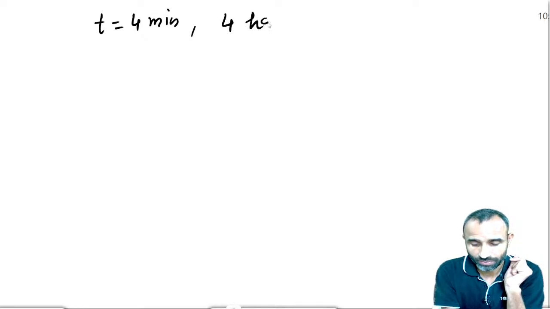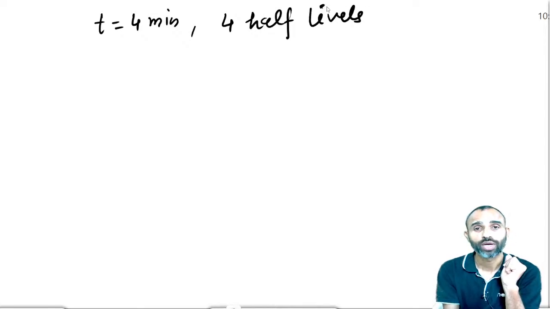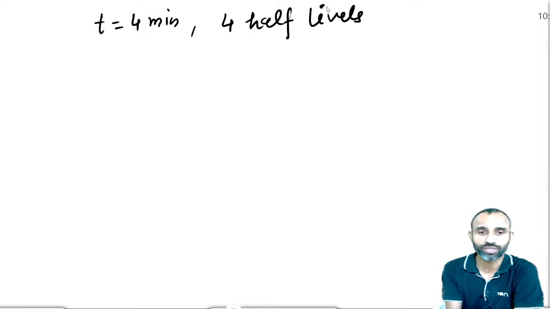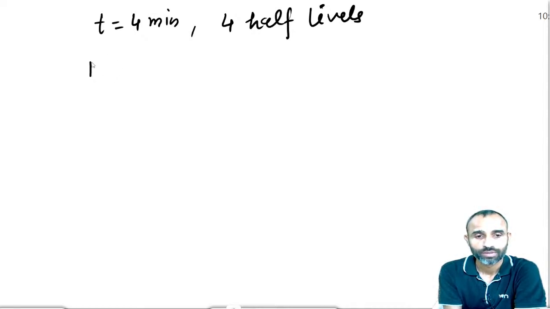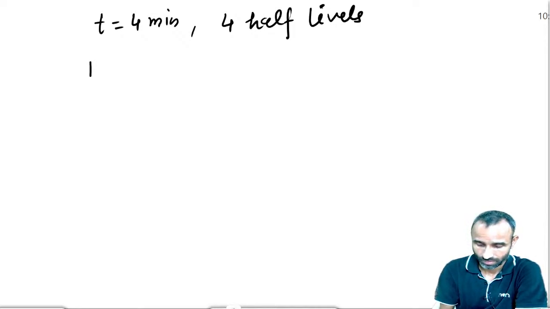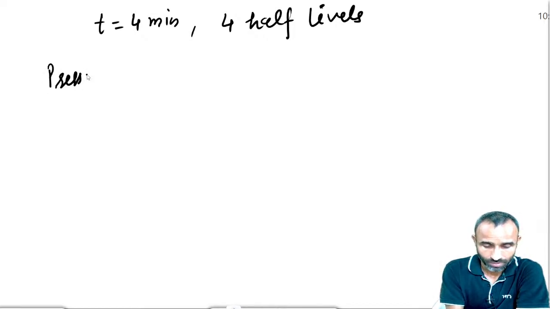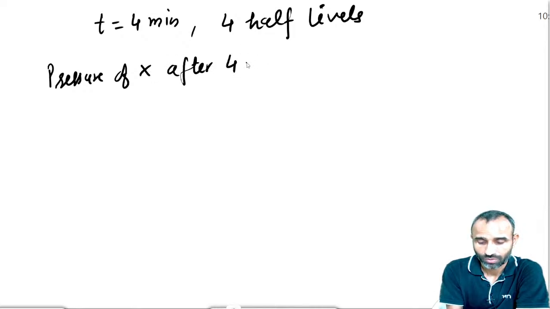Four half lives. Amount left after 4 half lives is the pressure of x after 4 half lives.